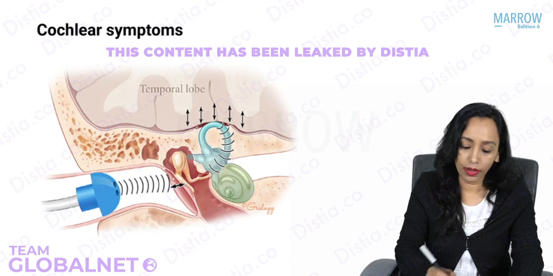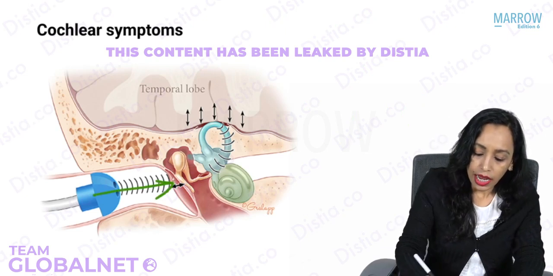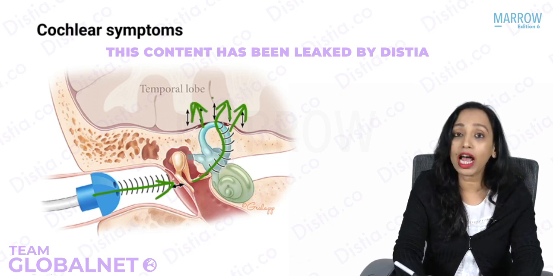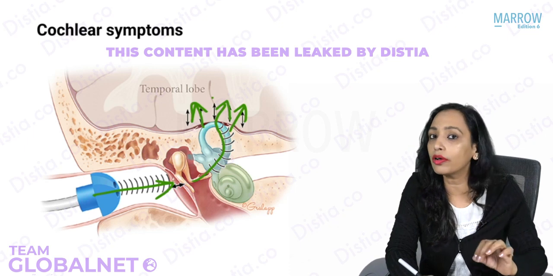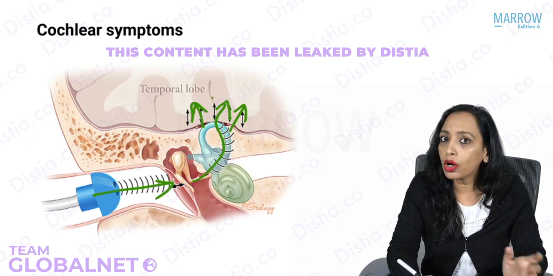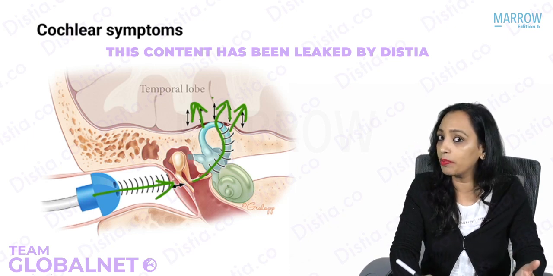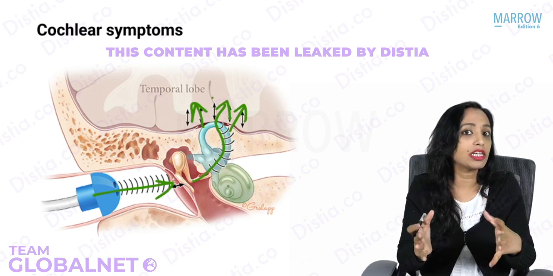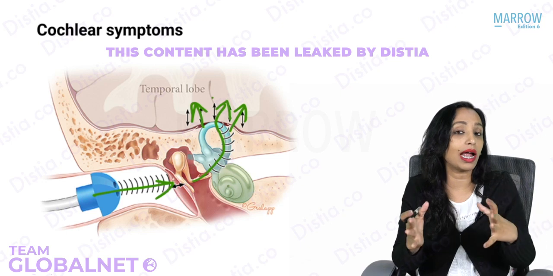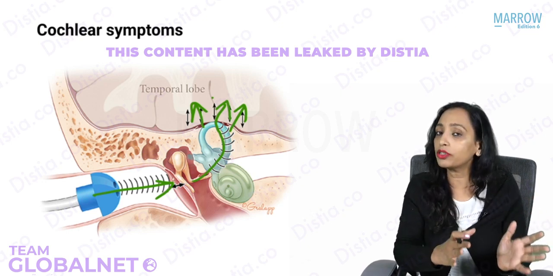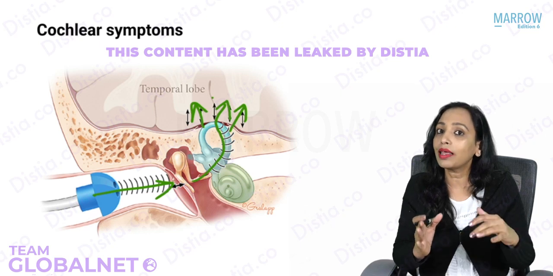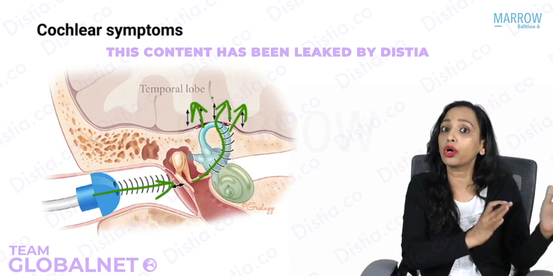Yes, just see here, when the sound is going from here, it will get lost because of this opening inside, which means that less sound will reach the organ of Corti. So the organ of Corti will perceive that the defect is before the organ of Corti, that is leading to less sound reaching the organ of Corti.